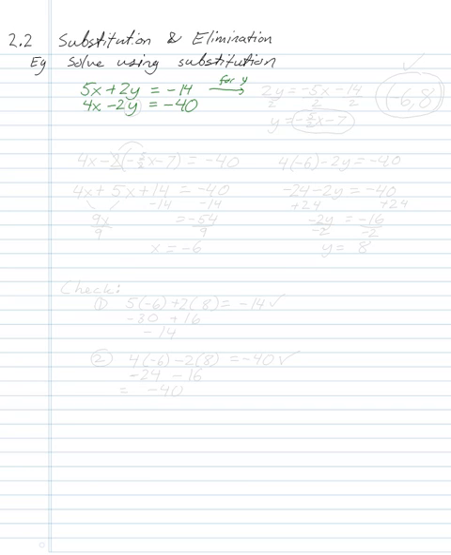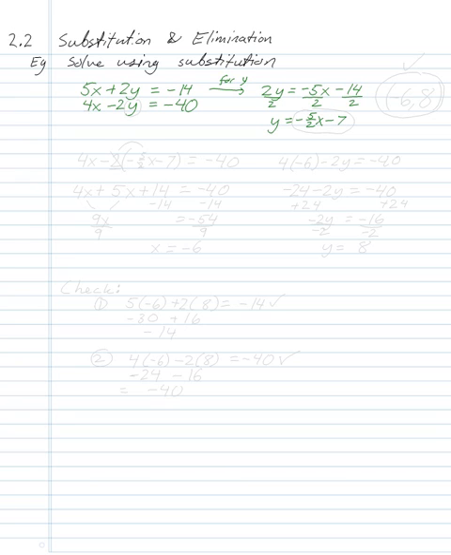So to do that, I'll move the 5x over, 2y equals negative 5x minus 14, and divide both sides by 2 to get y alone. So y is equivalent to negative 5 over 2 x minus 7.